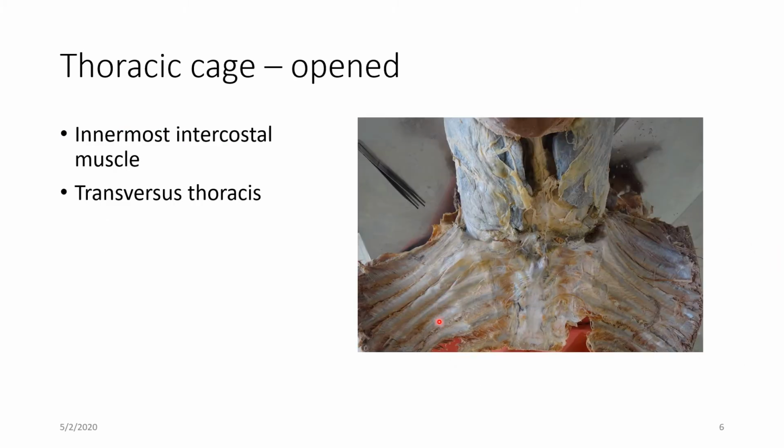Then after the removal of the thoracic cage, you can see the posterior aspect of sternum and then the transversus thoracis muscles, the intercostal spaces containing the innermost intercostal muscle, and the spaces between the ribs containing these layers of muscles.